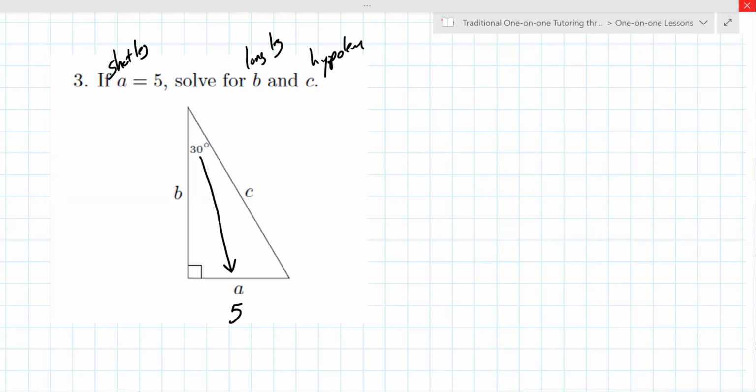The long leg is 5 square root 3 and C is 10.